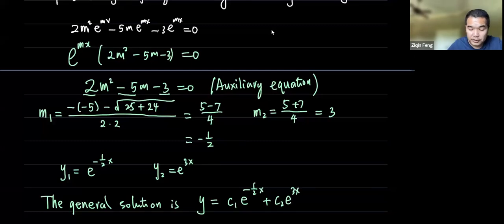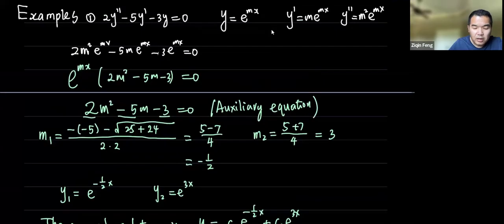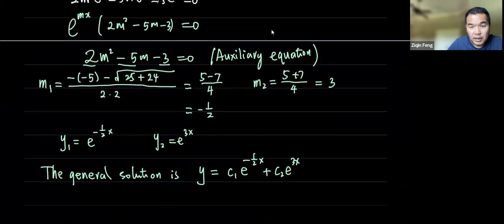This is how we solve a second order linear homogeneous differential equation whose coefficients are all real numbers. You change from a differential equation to a quadratic equation, and the roots of the quadratic equation give you the information about the general solution.